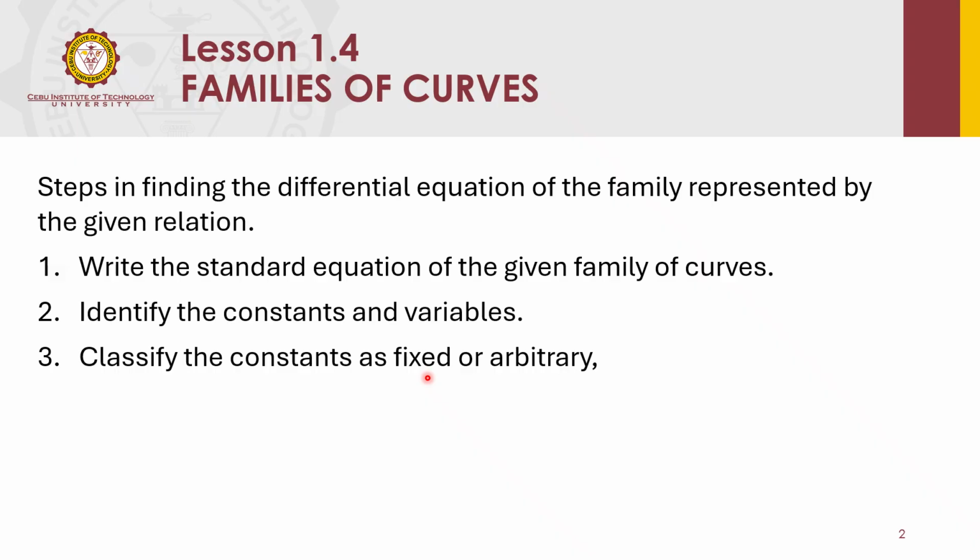Arbitrary means it changes from curve to curve, just like the y-intercept from the previous slide. It's what generates the family and what we will eliminate. And lastly, we eliminate the arbitrary constants.